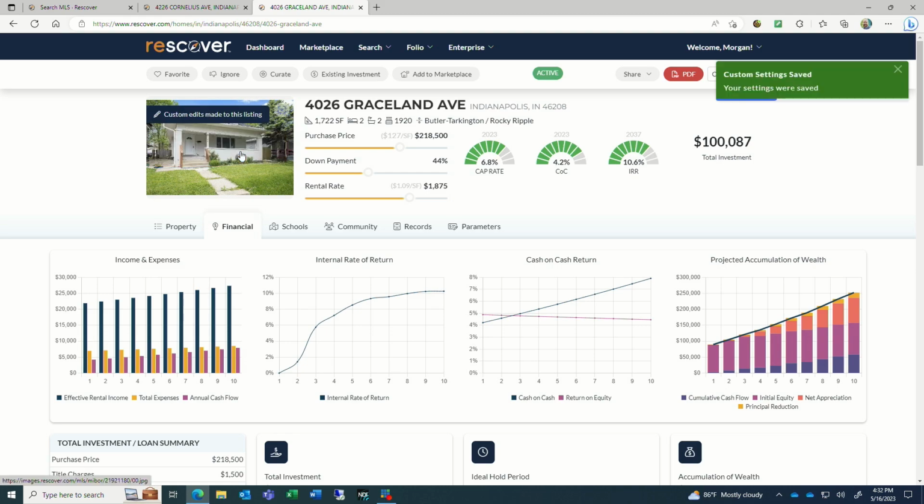Our person has $100,000. So we've invested $100,000 into this house, and if I'm the investor, you're hitting all the numbers that I've told you: it has to be more than a 6.5% cap rate, more than a 4% cash on cash, and more than a 10% IRR. So great, this is a candidate, and if it's the only candidate, we're buying it.